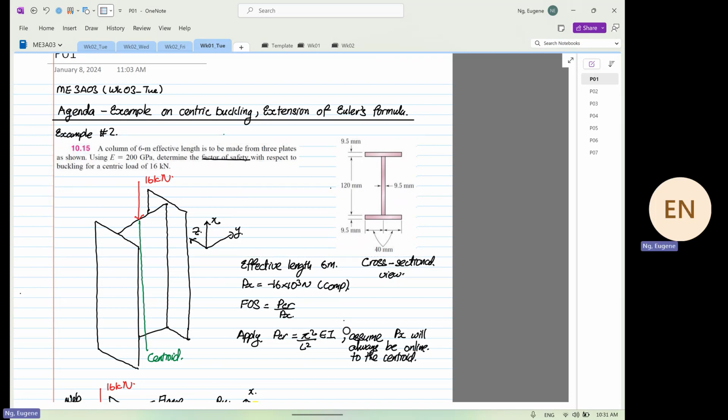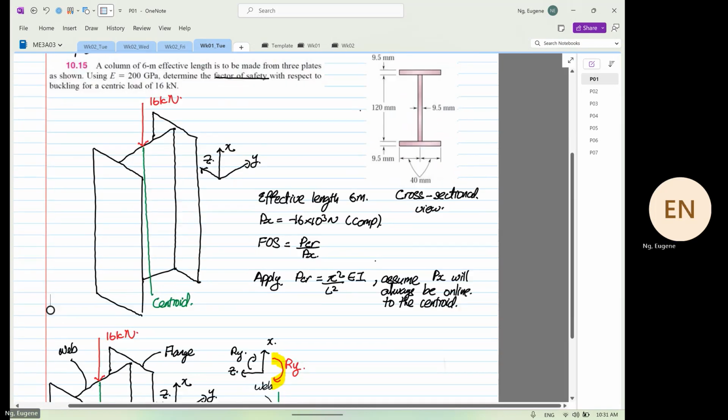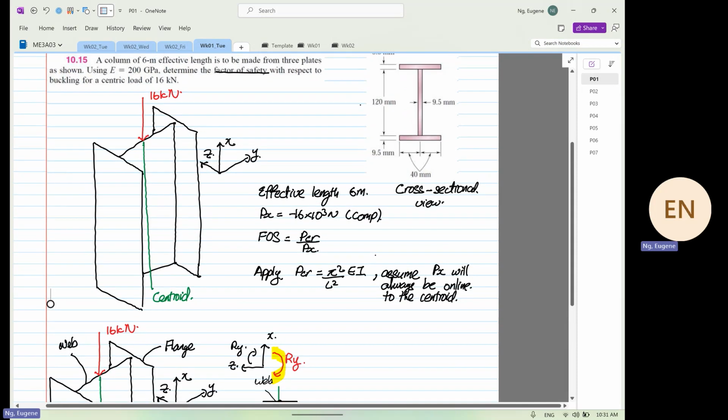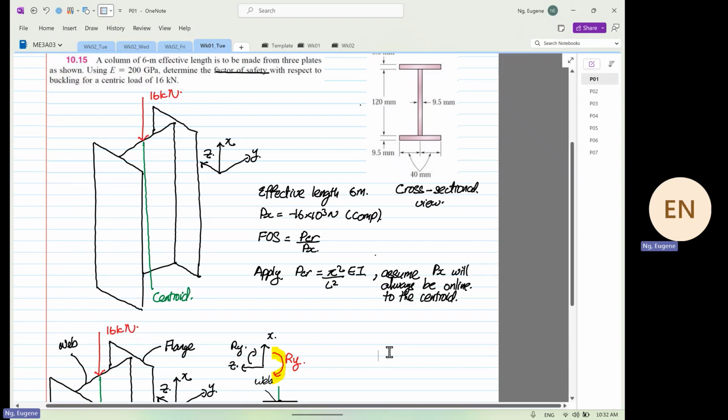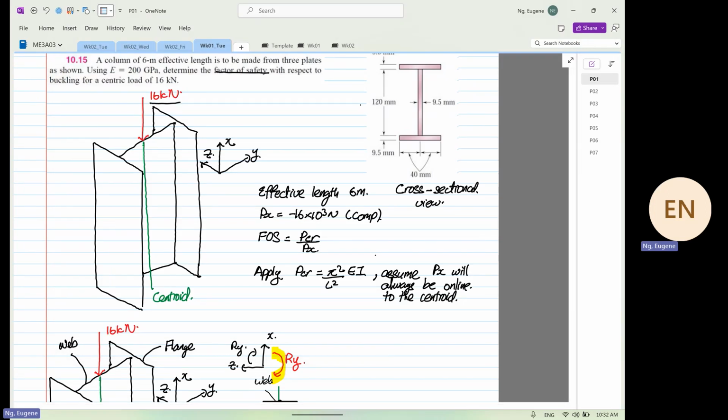Given that information, we know the effective length is 6 meters, and the load applied is minus 16 kilonewton, minus because it is in compression.